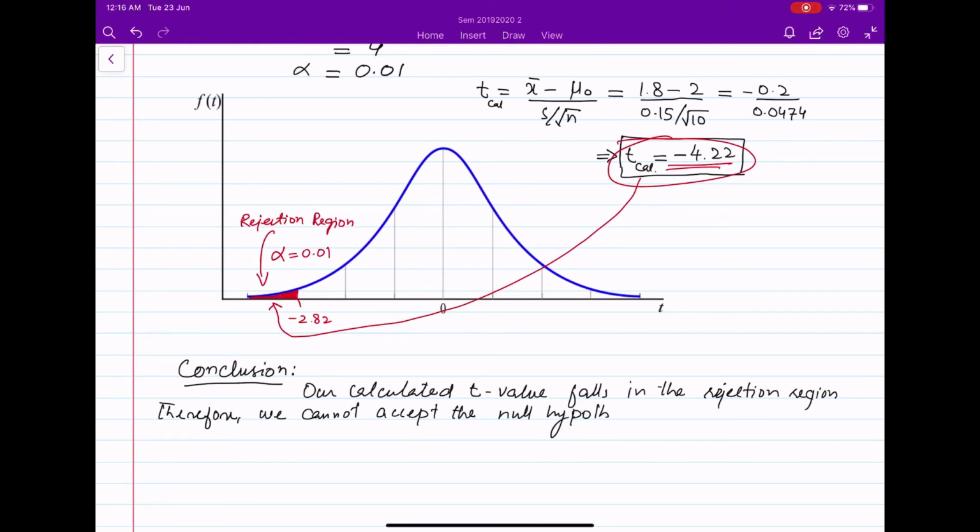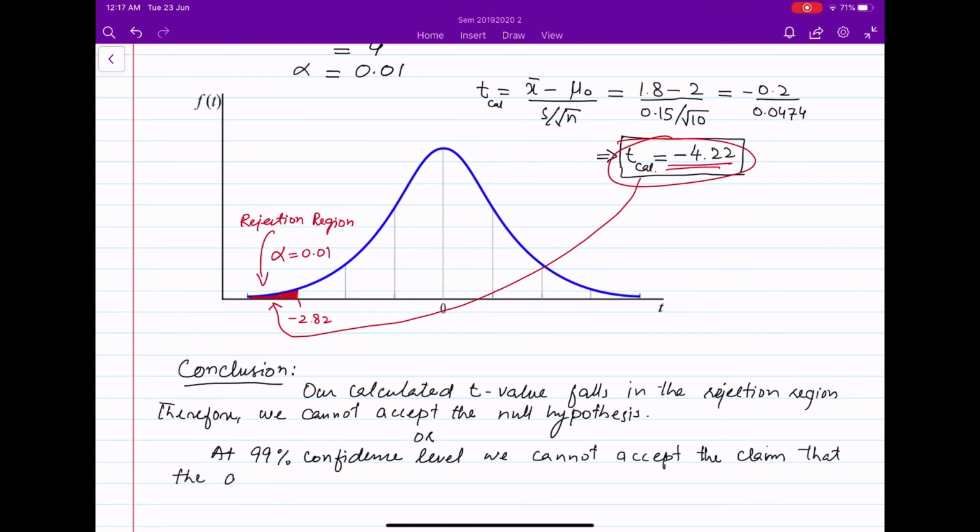The null hypothesis was that the average lifespan of the batteries is 2 years or more. In other words, at the 99% confidence level, we cannot accept the manufacturer's claim that the average lifespan of the batteries is 2 years or more. So we can reject that hypothesis, or that claim. And that's all for now.